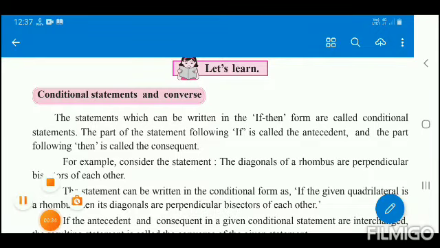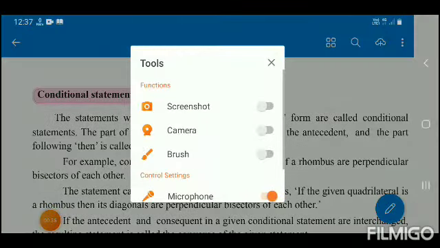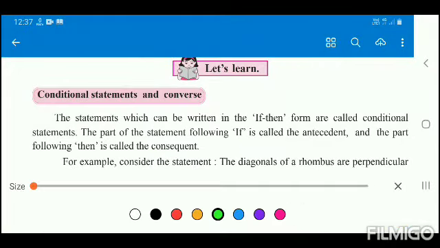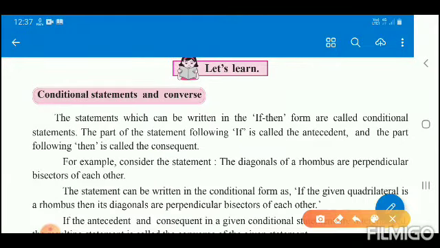Maybe you have studied this in English, that the statements which we write in if-then form are called conditional statements.